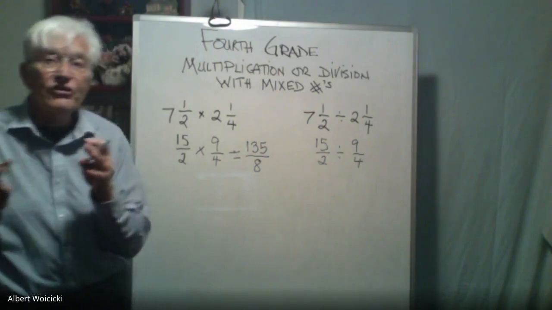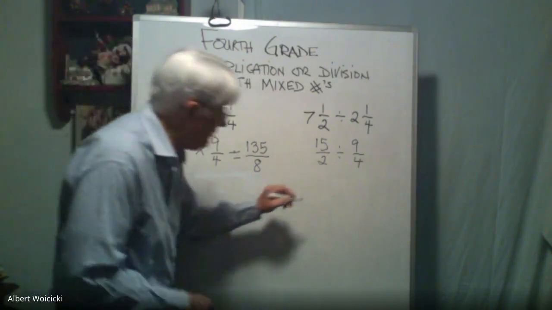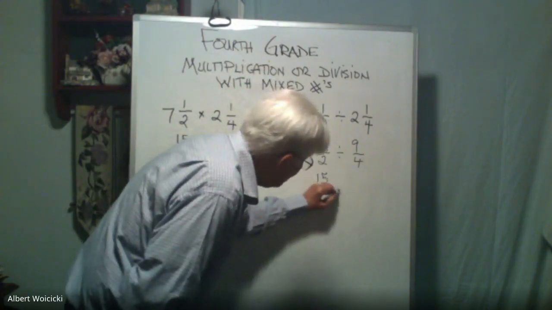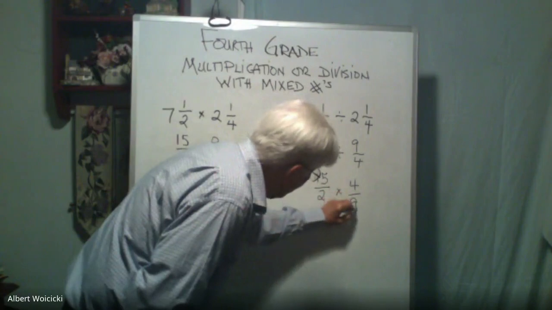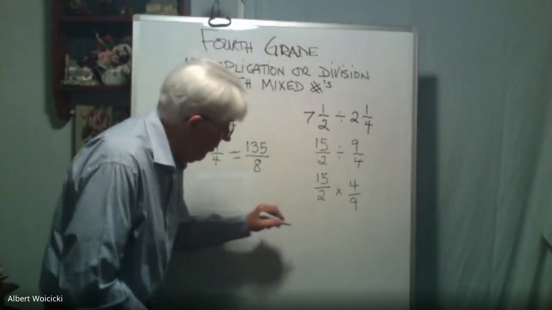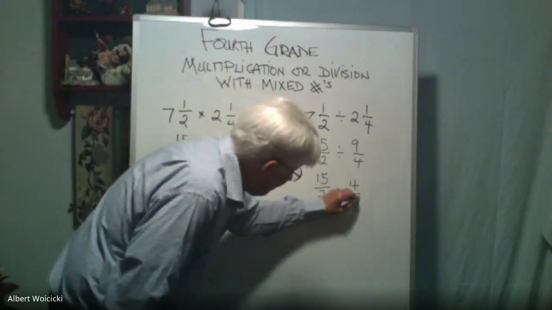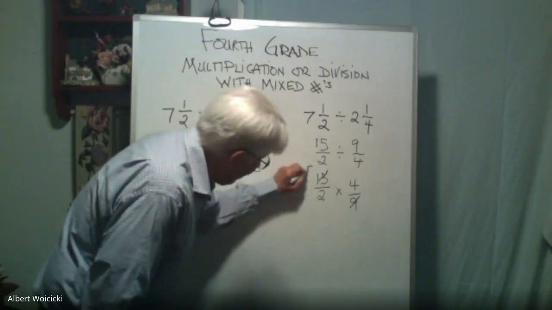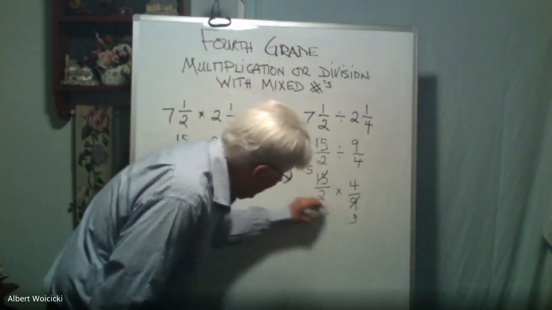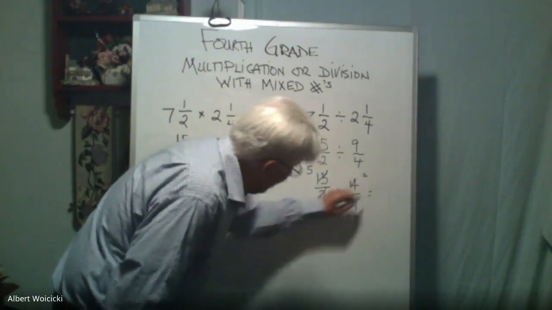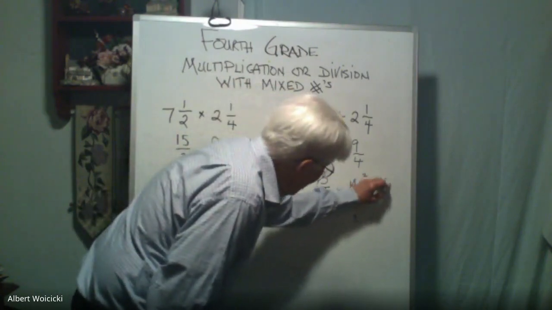The word reciprocal is still available to us. So 15 halves times 4/9. Now let's see. Well, we know that there's a 3 here and then a 3 in 15. So that makes this a 5, this a 3, and 2 goes into 4 twice. And we end up with 10/3.